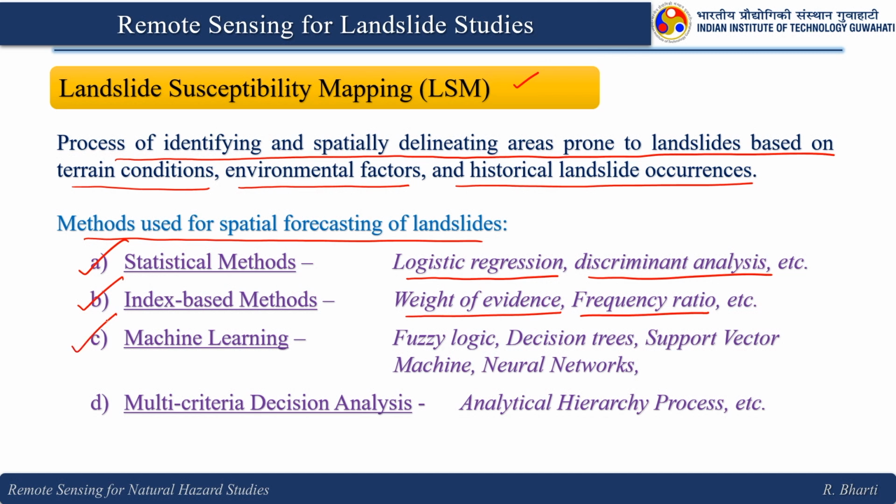Now, as I said, remotely sensed images have the option to be used in your machine learning algorithm. So, you can use fuzzy logic, decision tree, support vector machine, neural network, etc. Then comes the multi-criteria decision analysis, the AHP. Here you need to have the field information, then this AHP will give you very good results.